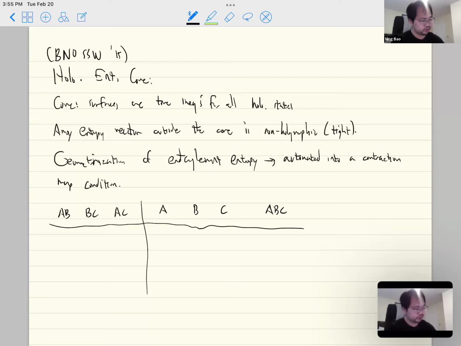Where what I care about, the vertices are given by from 0, 0, 0 to 1, 1, 1. So something that's 0, 0, 0 would correspond to a bulk region that is outside the AB RT surface, outside the BC RT surface, and outside the AC RT surface. And something that's all ones would correspond to something that's included in all 3 RT surfaces at the same time.